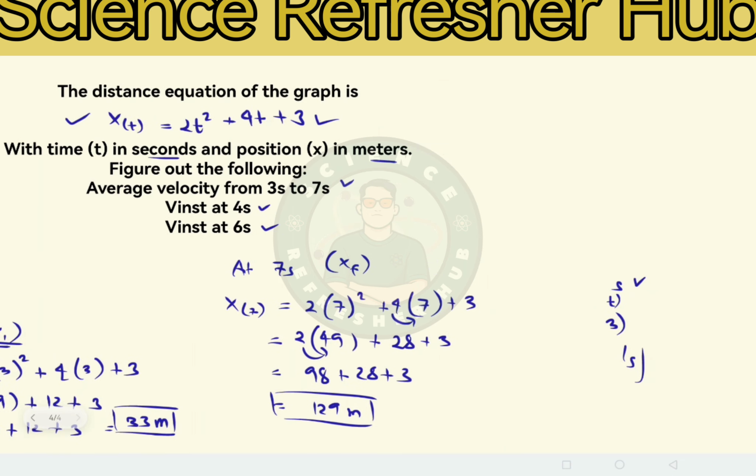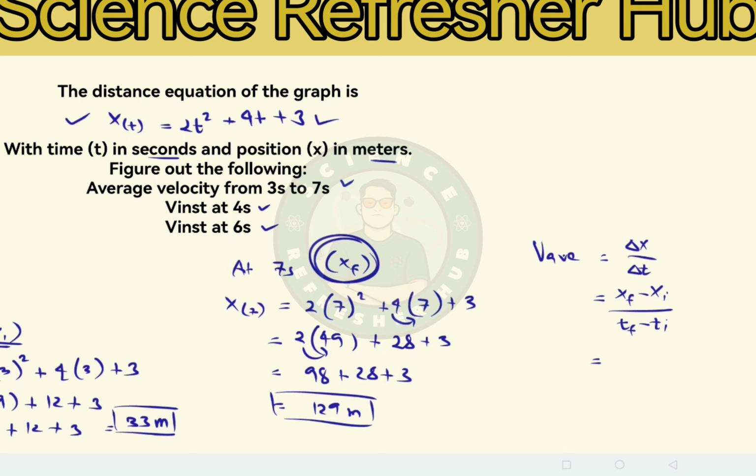So the average velocity is equal to change in x over change in time. So x final minus x initial, and then t final minus t initial. Our final is 129 meters minus our initial, 33 meters. And the final time, of course, is 7 minus our initial time, 3 seconds.